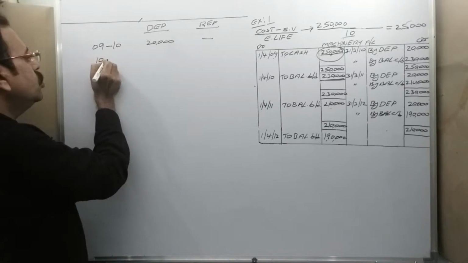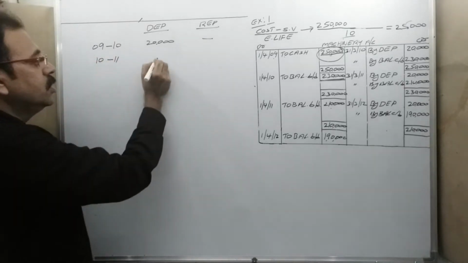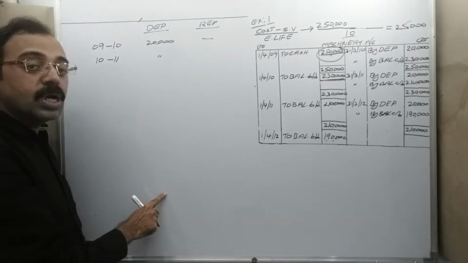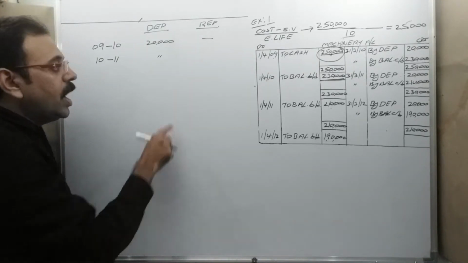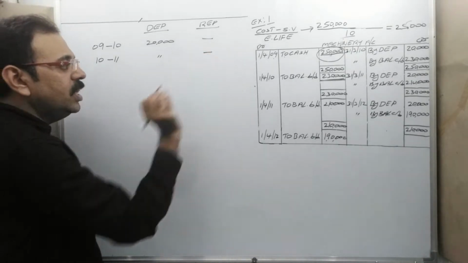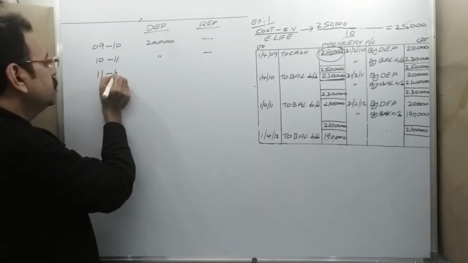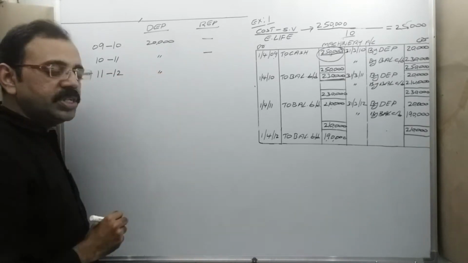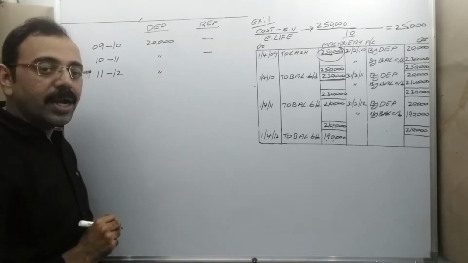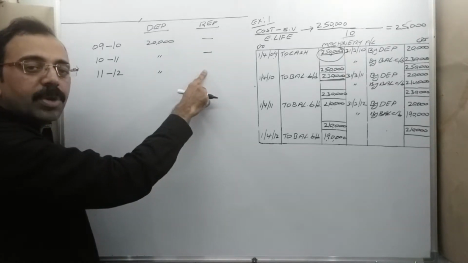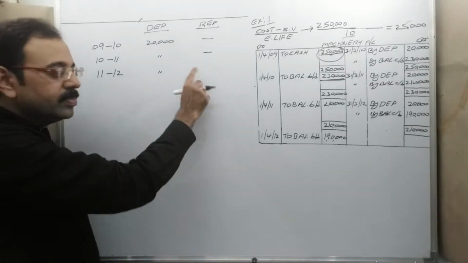Second year, 2010-11, you know this is fixed installment method. So every year depreciation amounts are same. And repair expenditure is nil. Third year, depreciation is 20,000 and slowly we have to spend some amount on repairs.